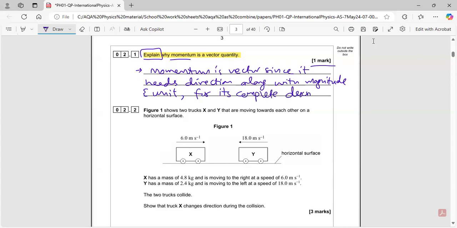If you want to describe momentum, of course, you have to tell the magnitude. Magnitude is a value like 20, and then the unit, which is Newton second. And then you have to tell which way it is moving, because momentum is a vector. Why? Because momentum is the product of mass and velocity. Velocity is a vector. That's why we say that momentum is a vector quantity.